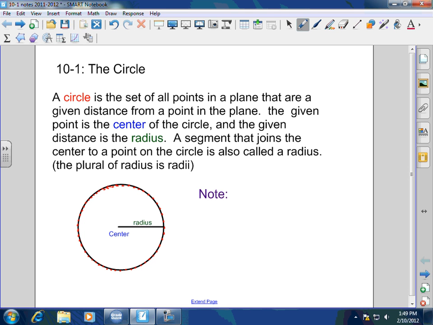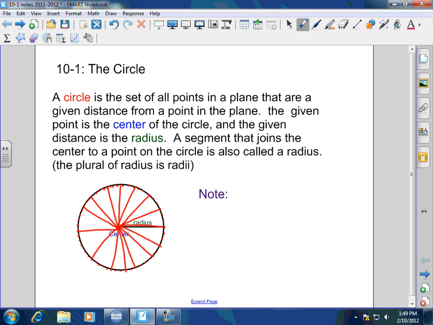Every single one of these points is equidistant to the center. Every single one of these. These are all congruent lengths. They're all equidistant. They're all radii.